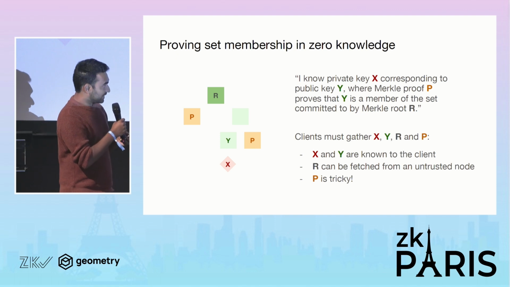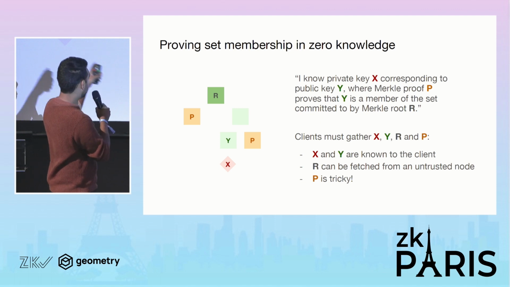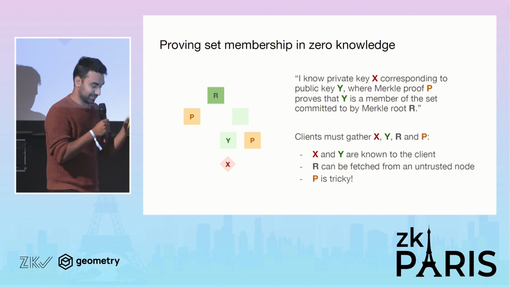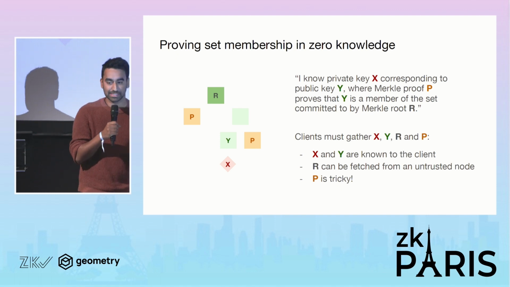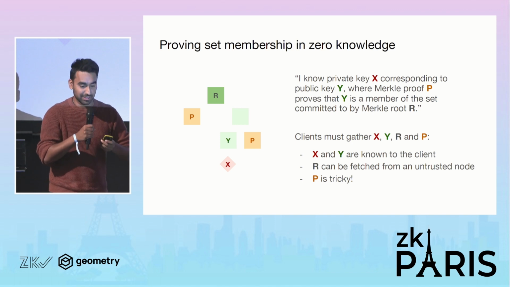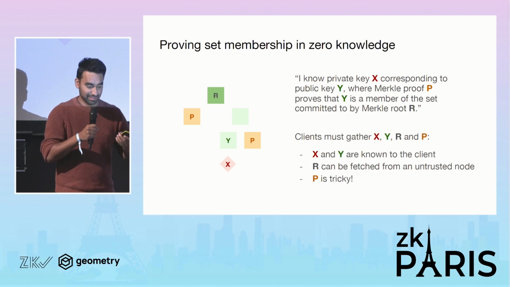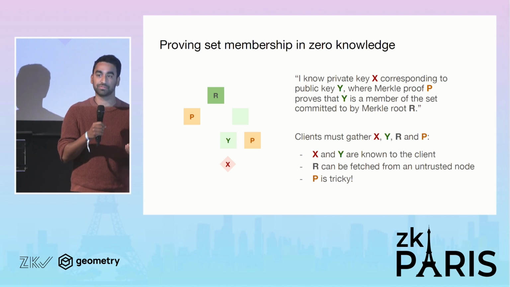But there's a complication for P. So I need to get these nodes in the Merkle tree that are siblings along the path up to the root. But the problem is, if I just naively fetch them, I will reveal which path I'm actually about to do a proof for.